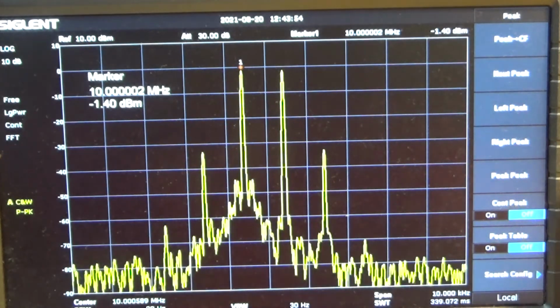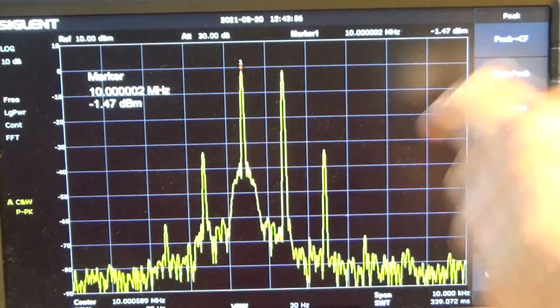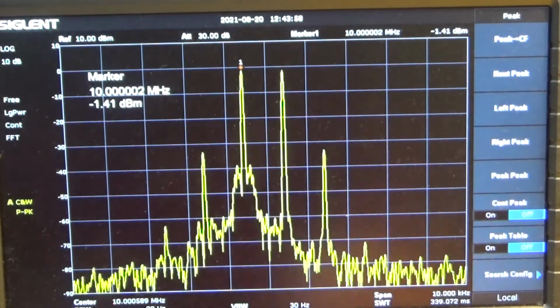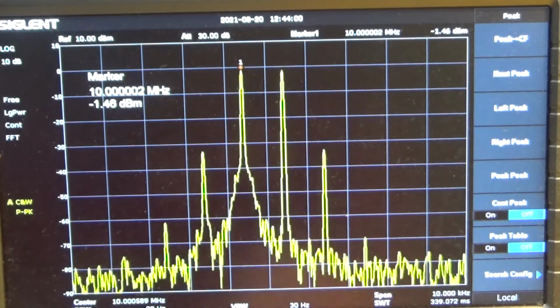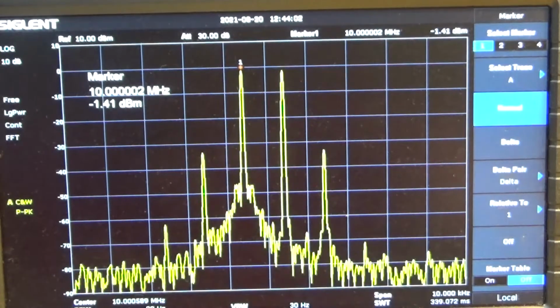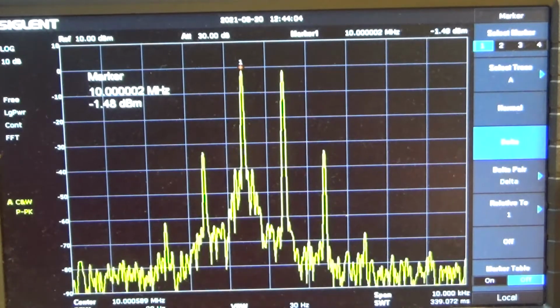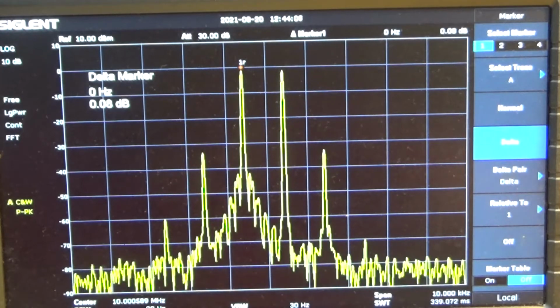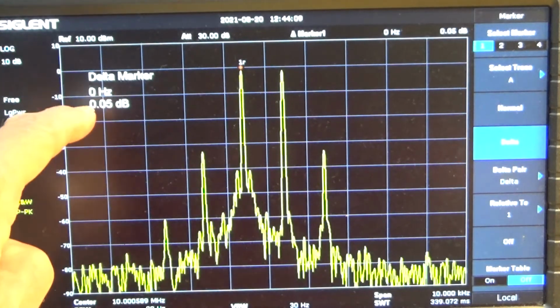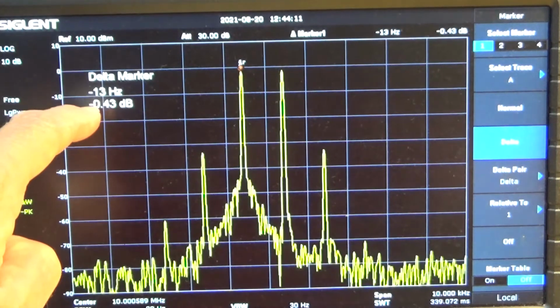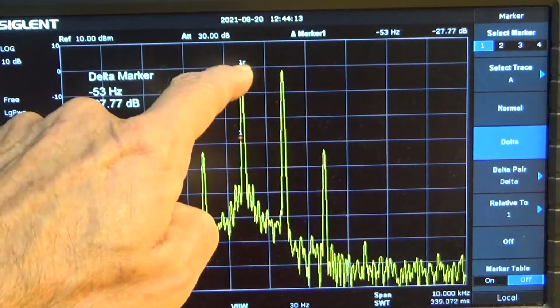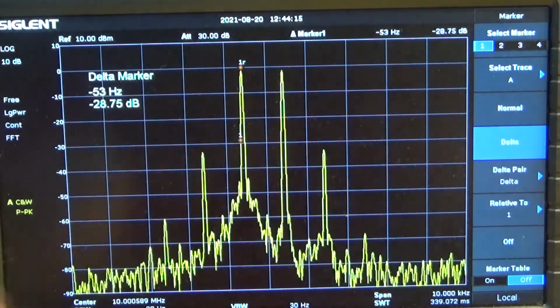But anyway, what we've got now is two unwanted products. If I put it onto the marker, I do delta. So now when I change this, we'll get a difference in frequency between that marker and the other one.